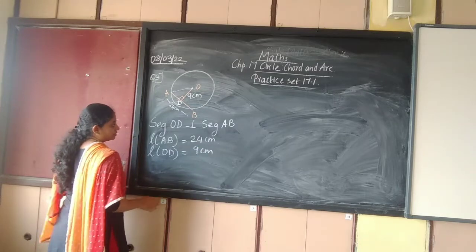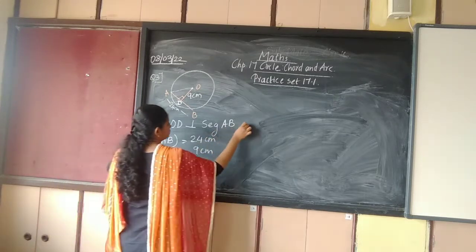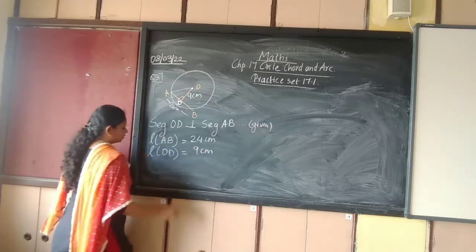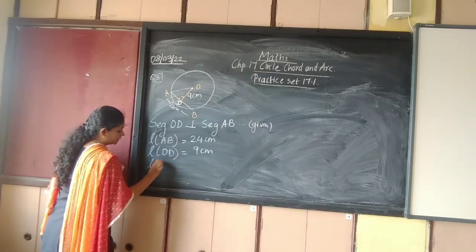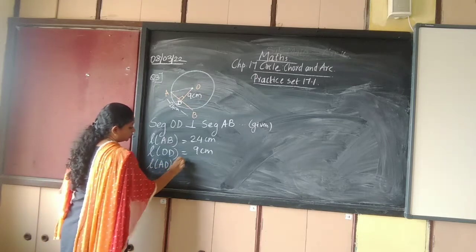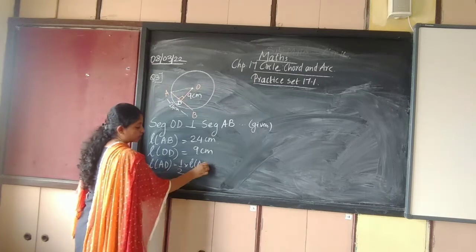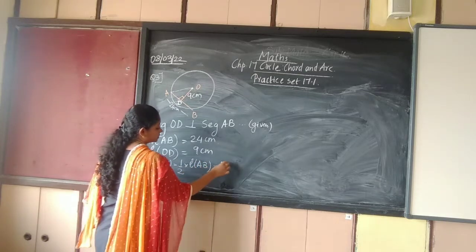And same thing as we have done previously. Now here this is given in the figure. Okay. We can tell that length AD is equal to half of length AB. Okay. The reason, what are you going to write? Same.